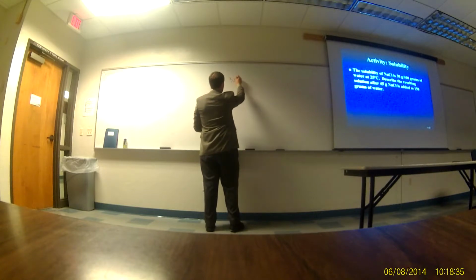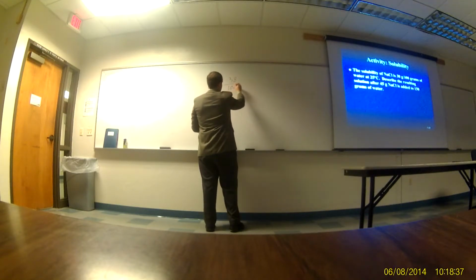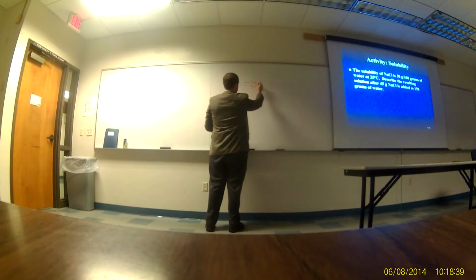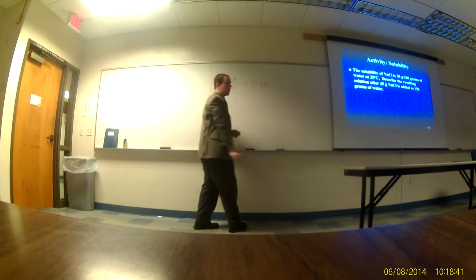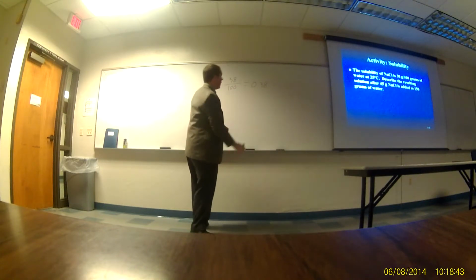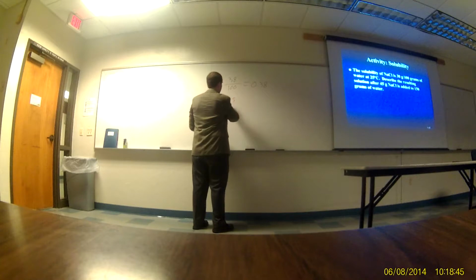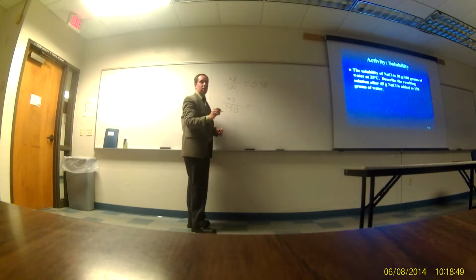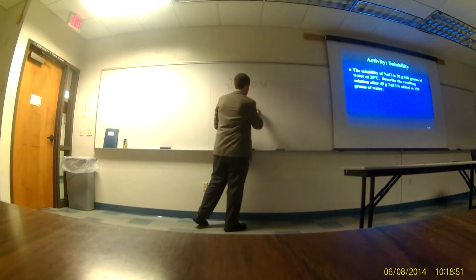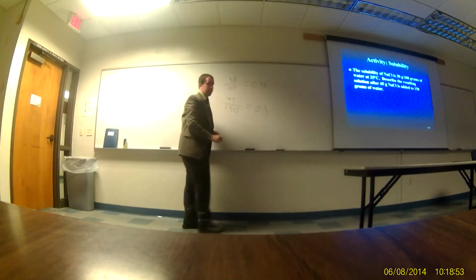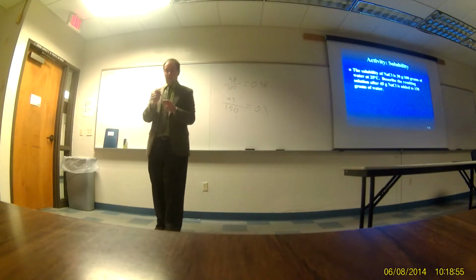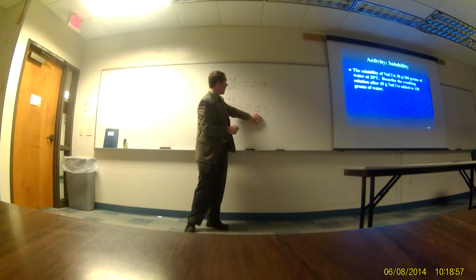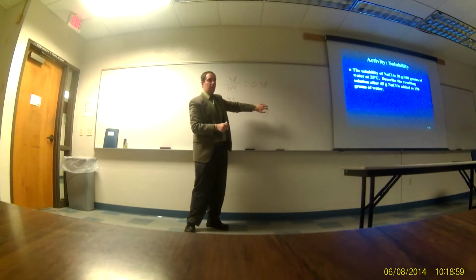If you go 38 divided by 100, you get 0.38. If you take 45 and divide it by 150, what does that come up to? 0.3. In this case, you have to look at this and figure out, okay, they're different, but what does that mean?